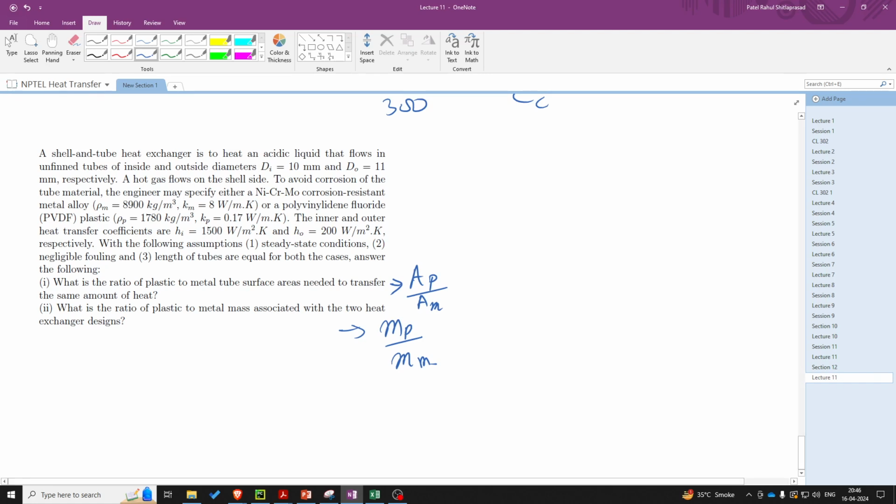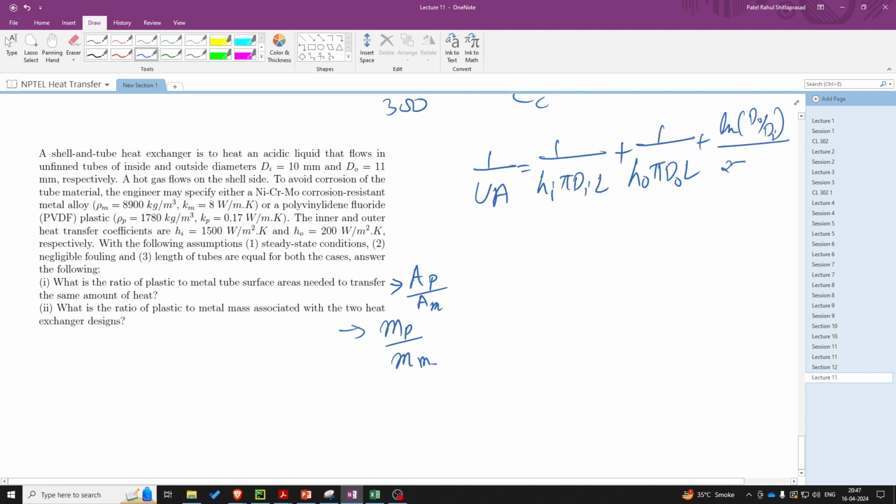So for this shell and tube heat exchanger, we can write 1 upon UA is equal to, for the inner side, 1 upon h_i A_i, where A_i will be pi D_i L, plus for the outer side, 1 upon h_o pi D_o L, and due to conduction, it will become ln of D_o upon D_i upon 2 pi k_w L.